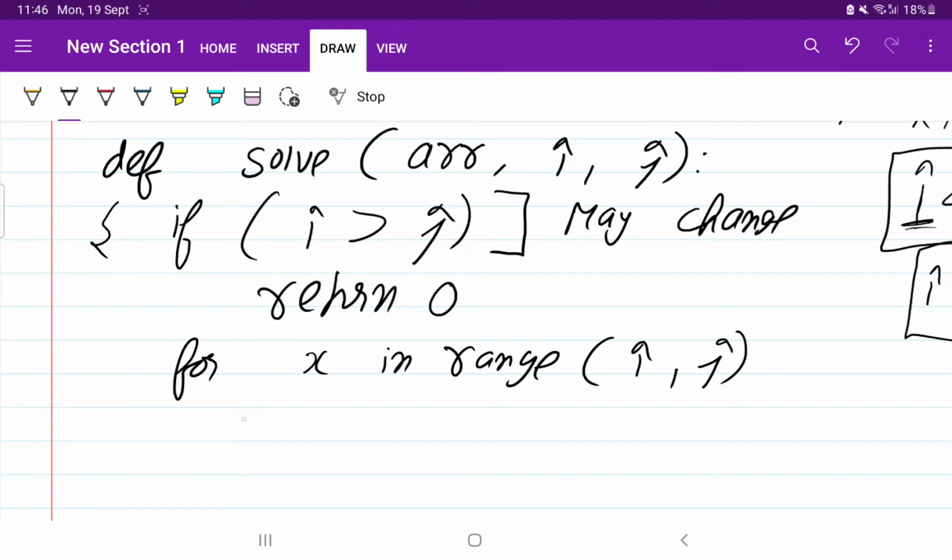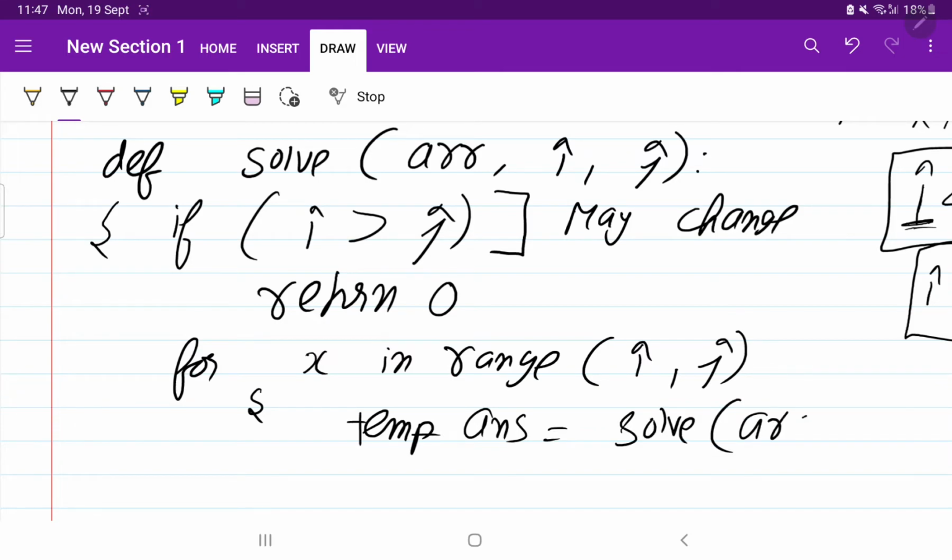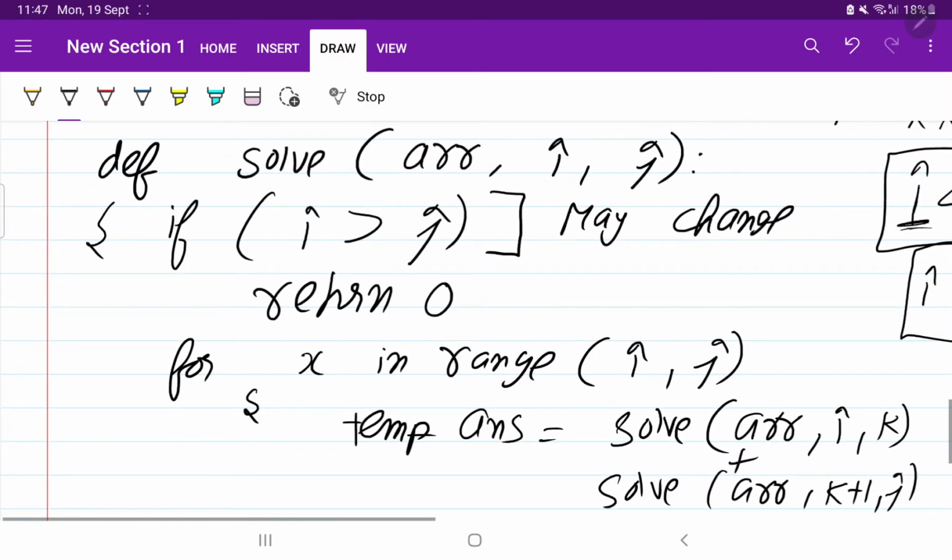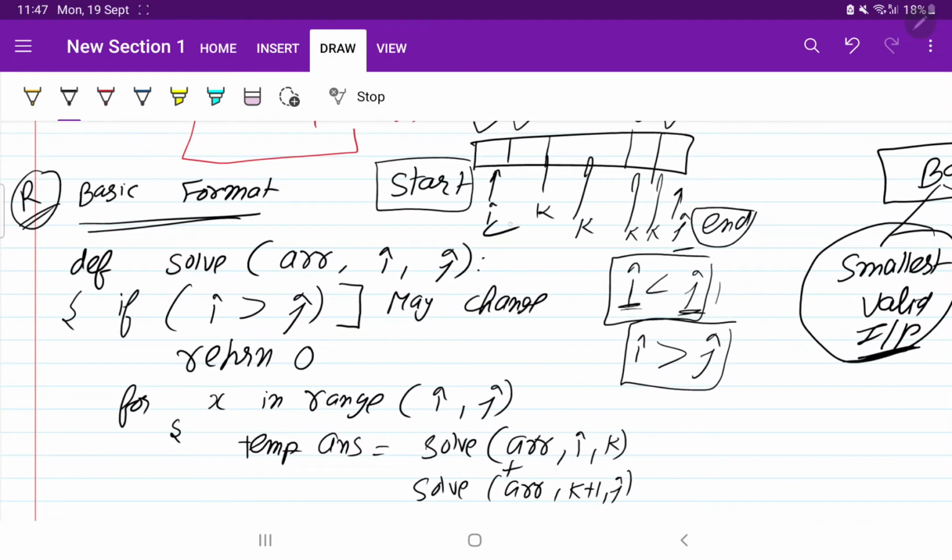And then we will do the partitions, and with the help of partitions, as I told you, we are going to get some temporary answer. How are we going to get the temporary answer? We are going to call the function on the array from i to k, and then we are going to call again the function on the array from k plus 1 to j. I already explained that first we have to do from here to here and then k plus 1 to j.